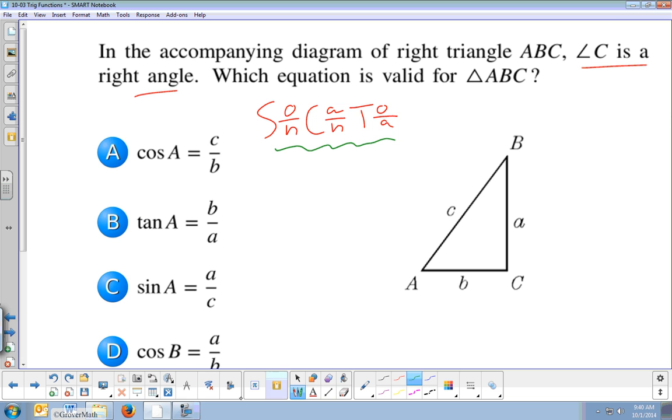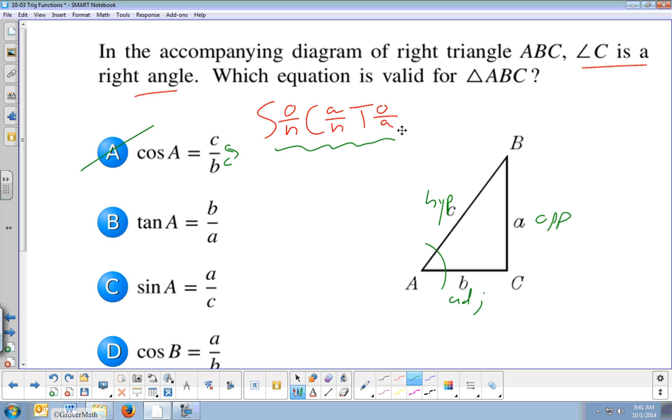So let's look at each of these trig functions for us here. Cosine A. So cosine of A. Cosine from angle A, this is my opposite side, and this is my adjacent side, and this is my hypotenuse. So cosine is adjacent over hypotenuse. That would be A over C. I'm sorry, that would be adjacent. So B over C, not C over B. So this is upside down, so that is not a true statement.